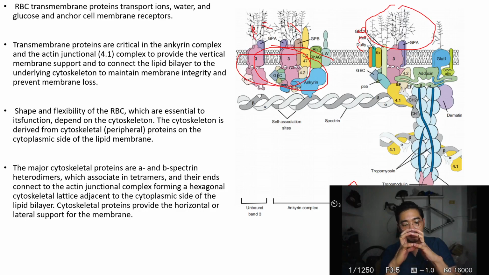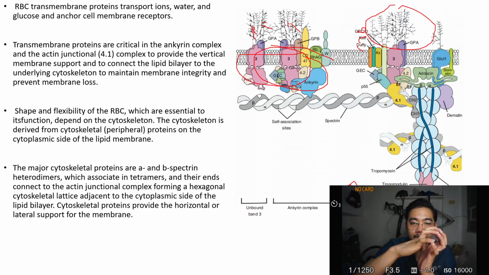They're just maintaining it at its phospholipid bilayer. If you have any problems with kanang mga vertical na membrane support, then your RBC will have reduced vertical support, meaning it will become like this, a sphere, no?